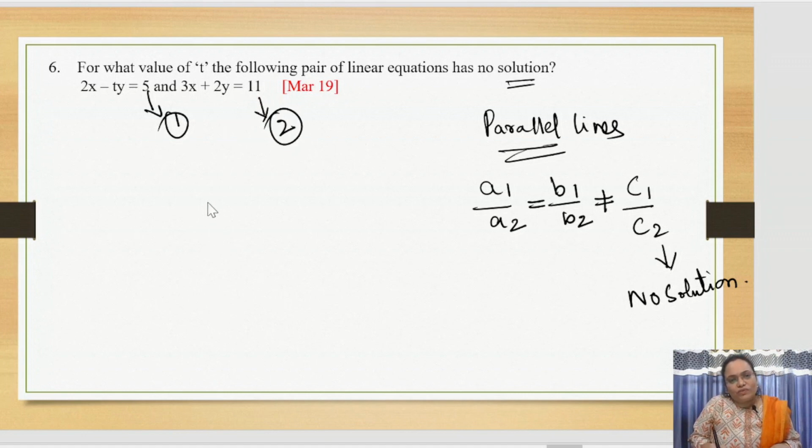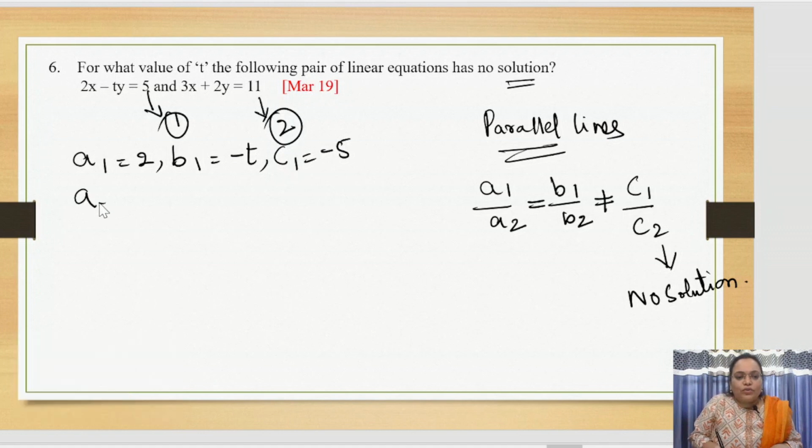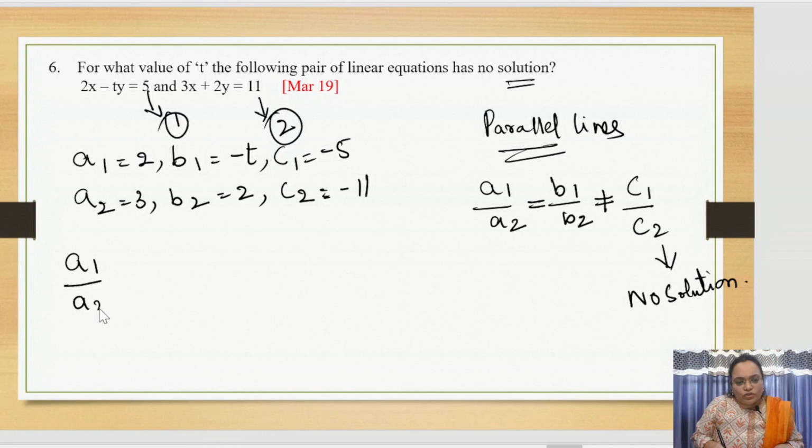Comparing these two equations with the general form, you will get a1 = 2, b1 = −t, c1 = −5. a2 = 3, b2 = 2, c2 = −11. So what is the condition for the parallel lines? It is a1/a2 = b1/b2 ≠ c1/c2.